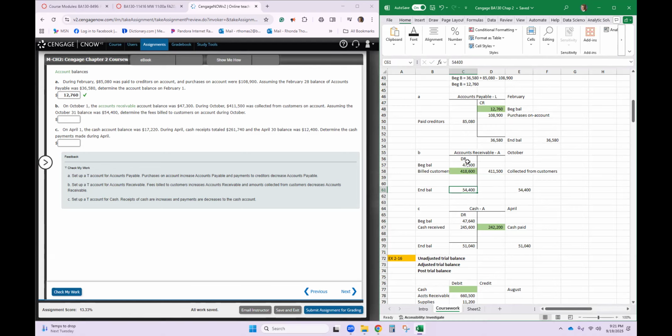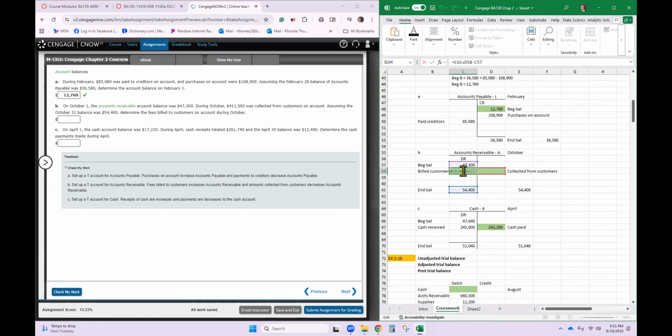So one more time, beginning balance, we knew what that was. We were trying to find the increase, the amount we billed customers. We have these two pieces that get added together and subtracted from these two pieces. But we needed to isolate this one.